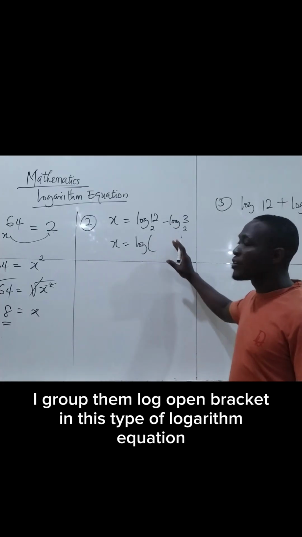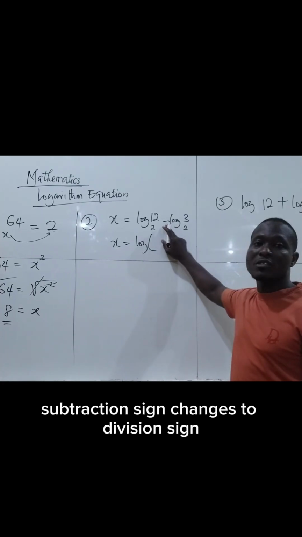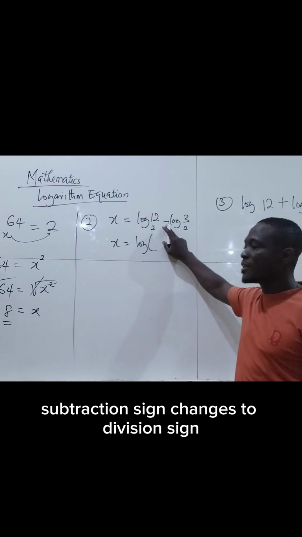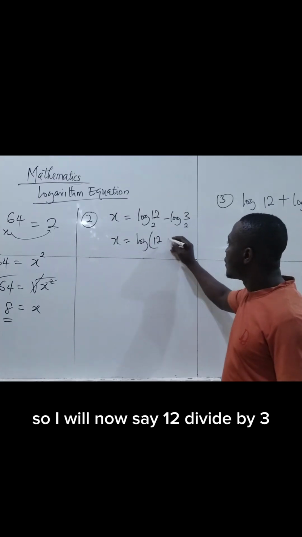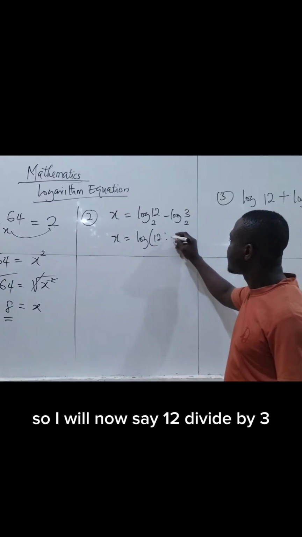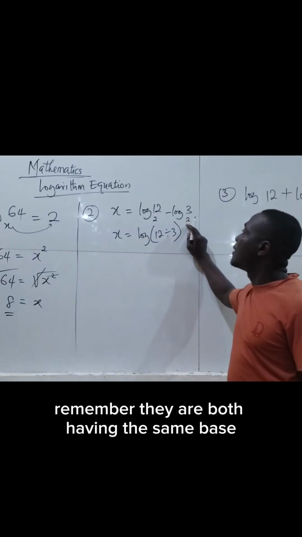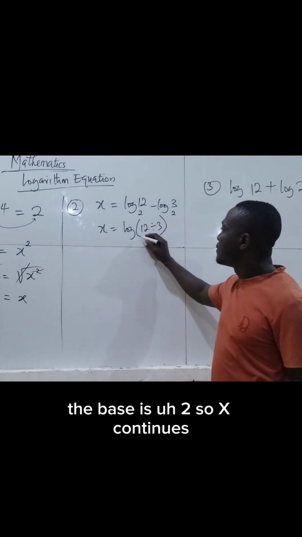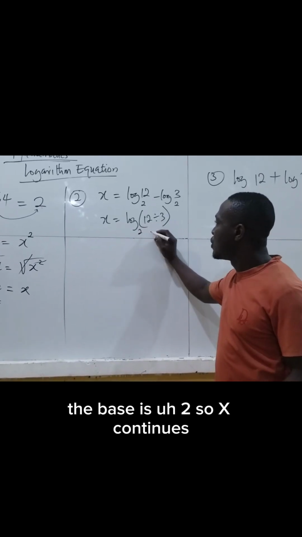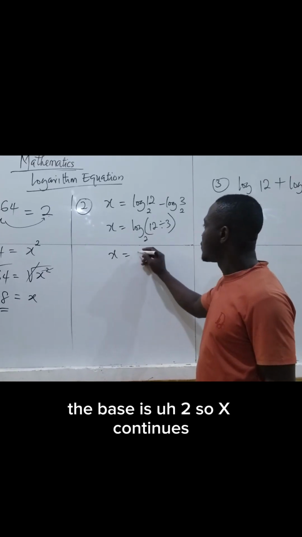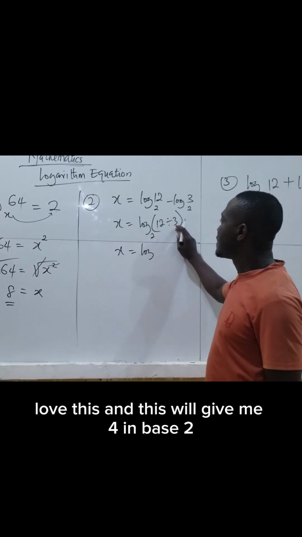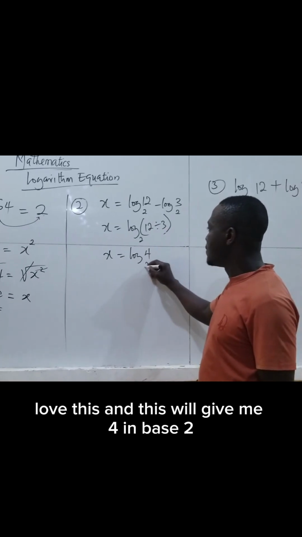In this type of logarithmic equation, the subtraction sign changes to a division sign. So I'll now say 12 divided by 3. Remember, they both have the same base. The base is 2. So x continues, log, this and this will give me 4 in base 2.